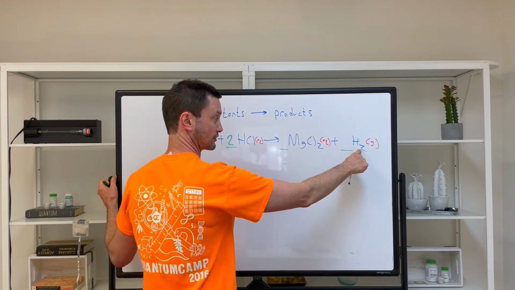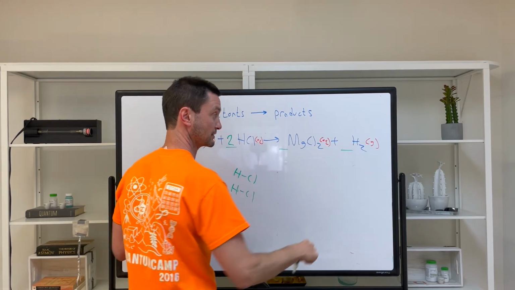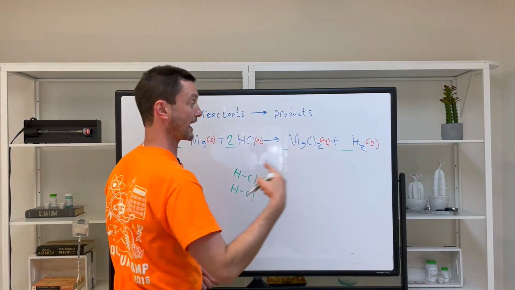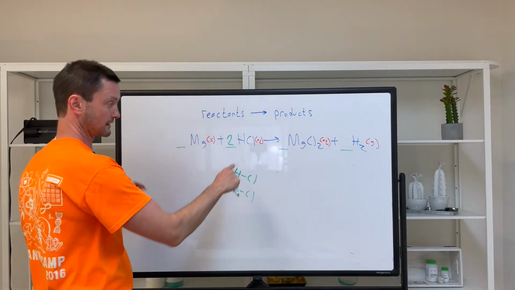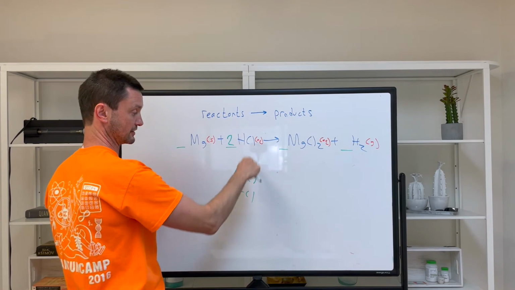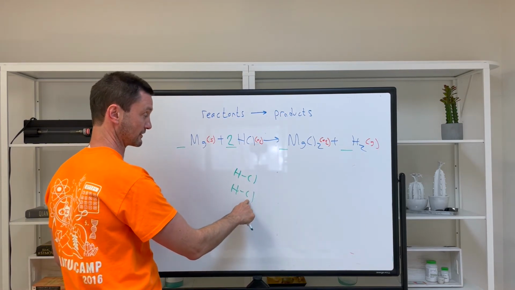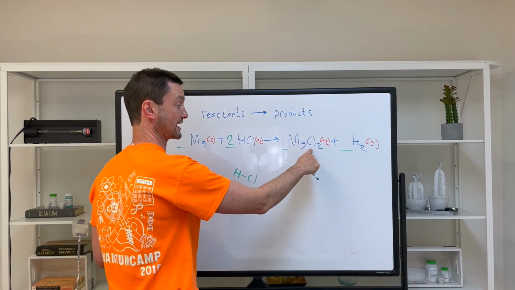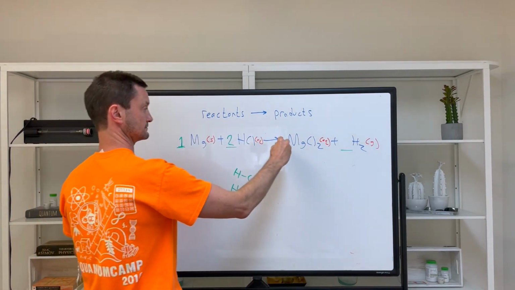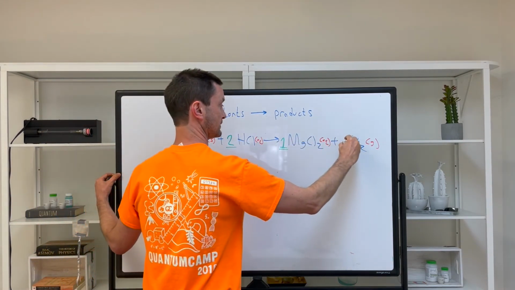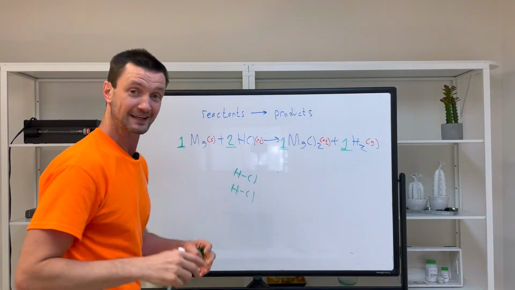And I have 1 molecule of H2, but that means I have 2 hydrogen atoms, so I don't have to write anything there. And now I want to look at the chlorine. Because I have 2 molecules of hydrochloric acid, I have 2 chlorine atoms over here, and I already have 2 chlorine atoms over here. So I can write a 1, a 1, and a 1 here, and now it's balanced.